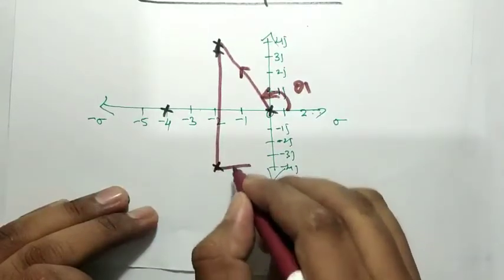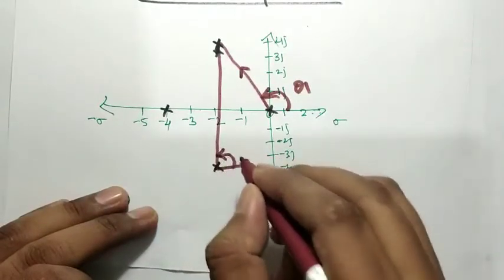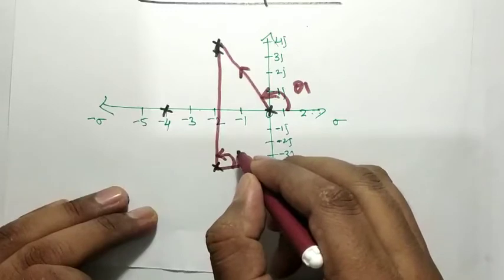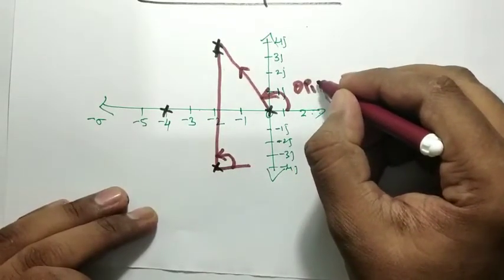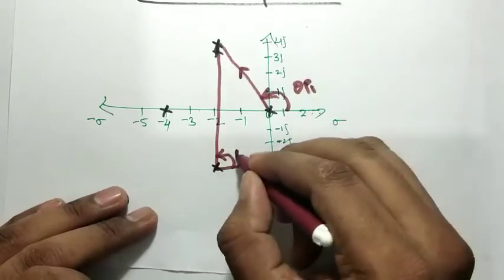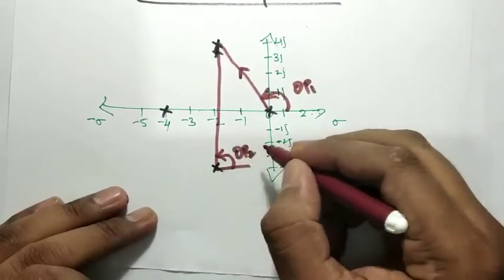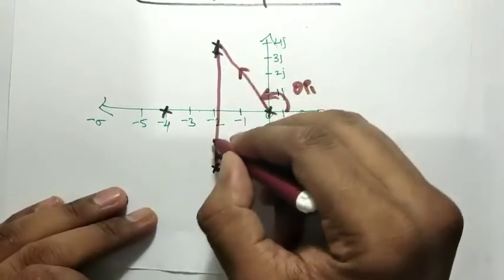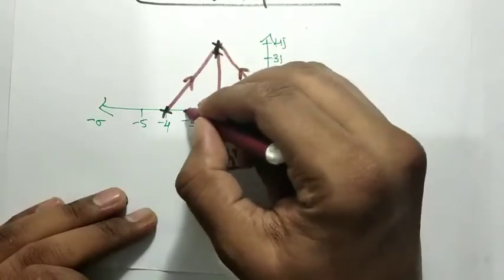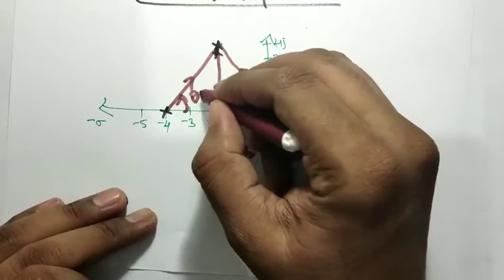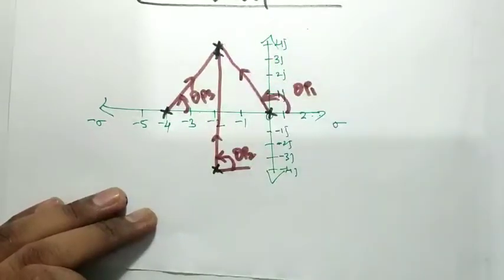This angle is always perpendicular, this is 90 degrees, right? So I am going to write theta P1, here theta P2, and also you draw another vector from this pole. So this is theta P3, right?